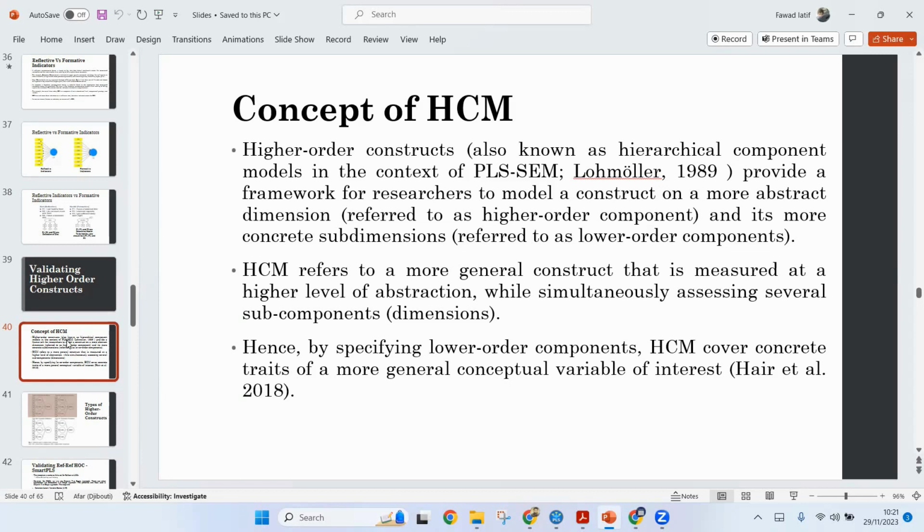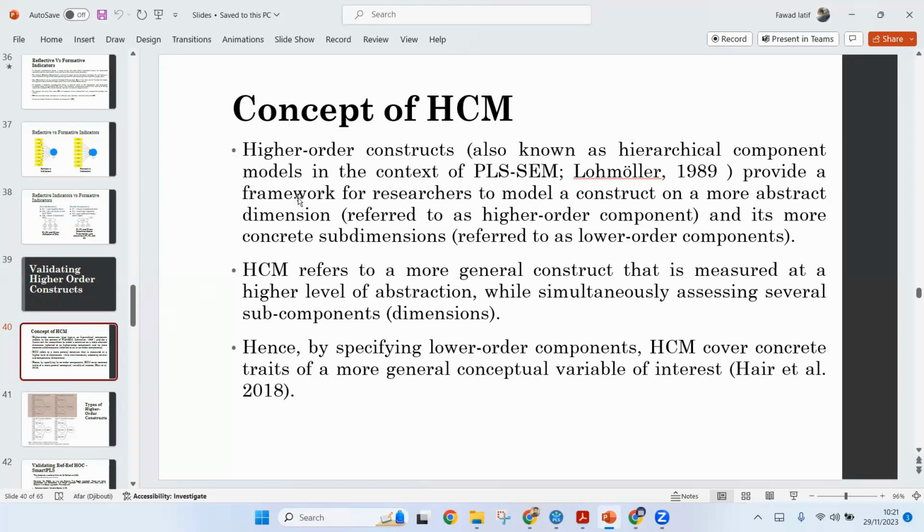Very few times you may, and even if you come across a construct that is measured as formative at the lower level, you've got alternatives. You can search for a new questionnaire, a new scale that is reflective in nature. So it's quite possible to have an alternative.